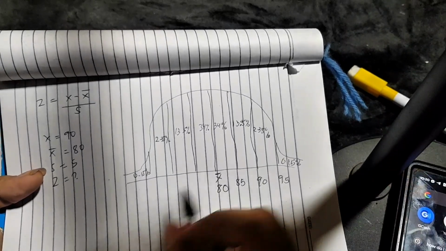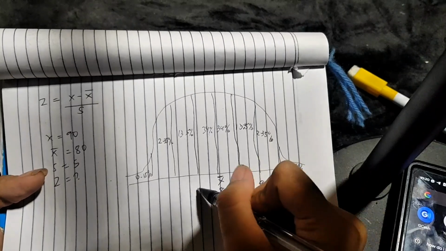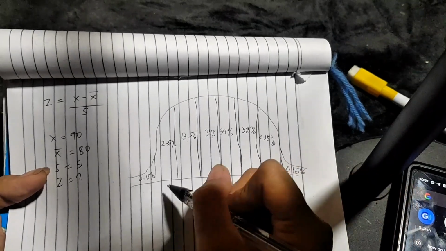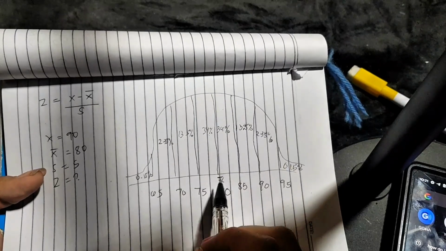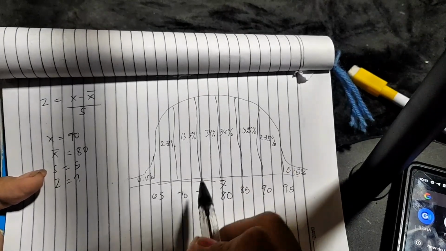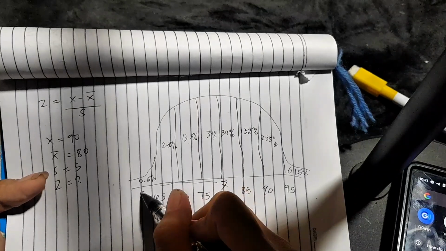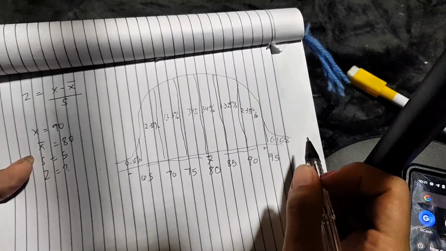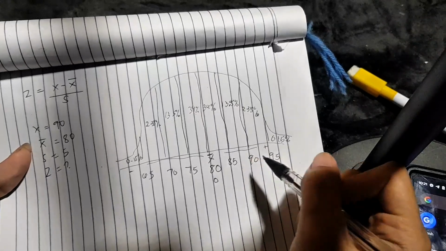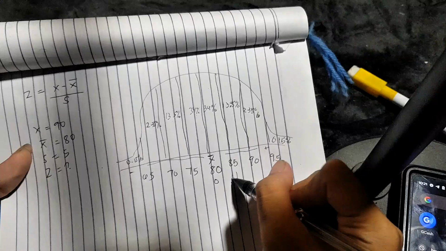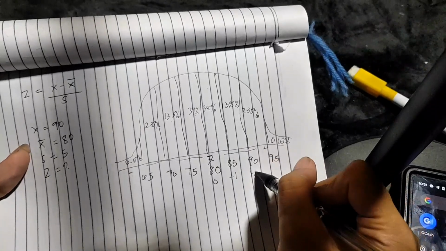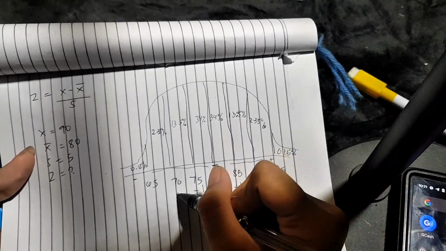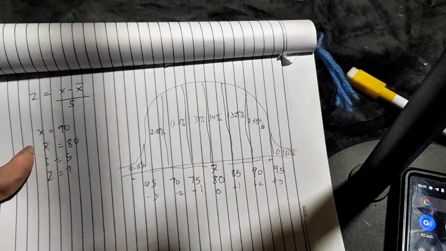Dito naman is pababa: 75, 70, and 65. Dito sa kabila, guys, is negative and this one is positive. Para mas lubos nating maunawaan, lalagyan ko dito ng 0, positive 1, positive 2, positive 3, negative 1, negative 2, negative 3.